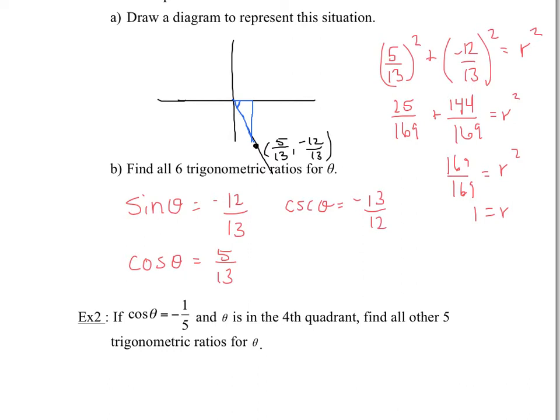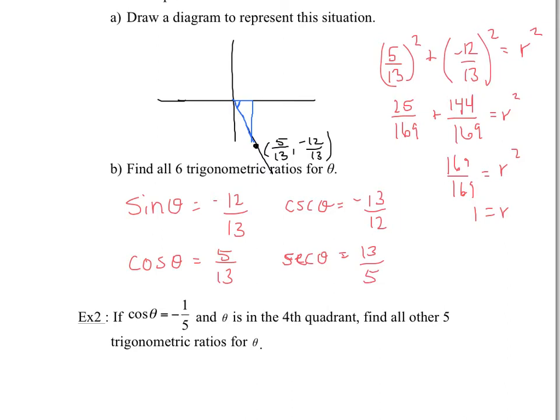Notice that I attached the negative to the numerator just to stay consistent. It doesn't matter where you attach the negative. And secant theta, which is the reciprocal of cos, would again be just the reciprocal fraction of this, so it would be 13 over 5.